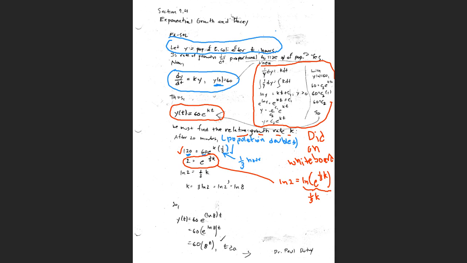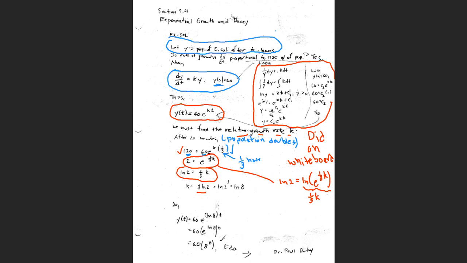So we have 1/3 k equals log of 2. k equals 3 times the log of 2. But we can write k a little bit nicer way.